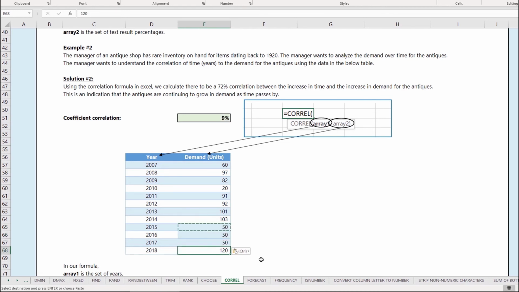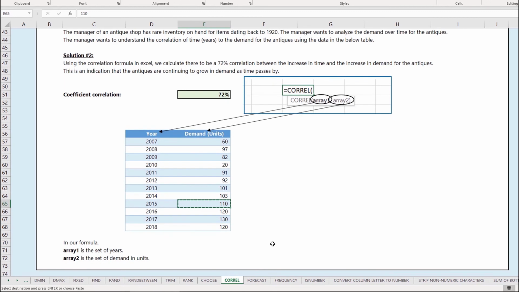It actually becomes a negative value by 2018. This is just another example of how the coefficient correlation can help draw parallels between two array tables that contain statistics, and it comes in handy if you want to represent that correlation into a specific percentage.